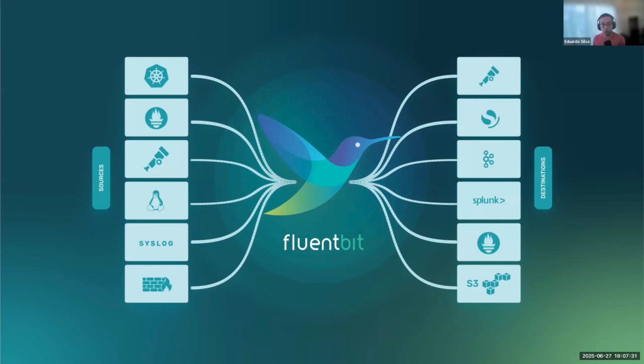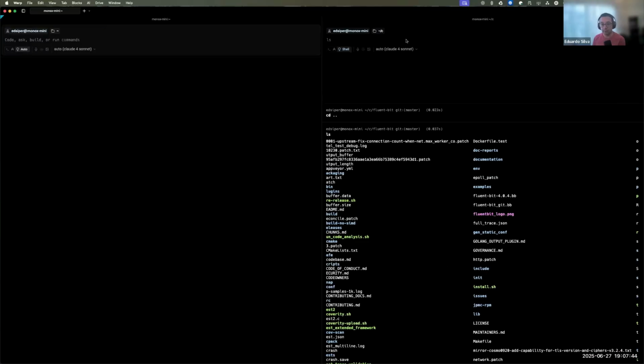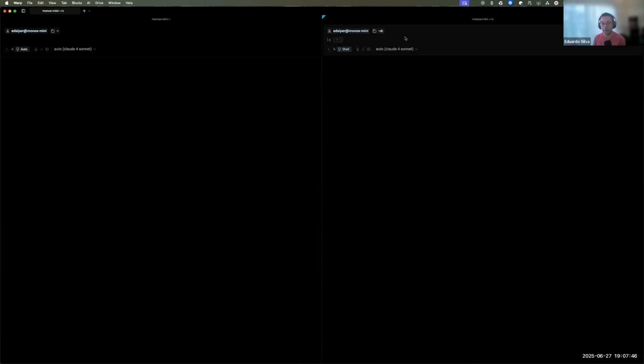Okay, so let's dive into the source code of Fluent Bit. And we're going to do it from scratch, doing a fresh clone from GitHub. So I'm going to jump into my terminal here, and I'm going to do a fresh clone. Oh, thank you, the autocomplete is really good.